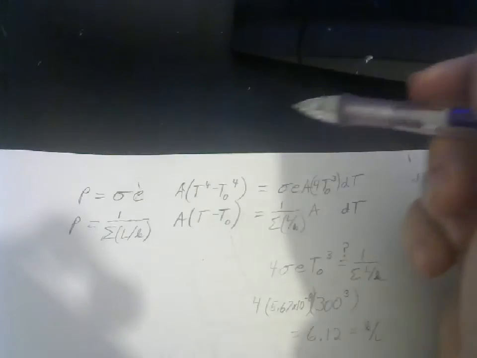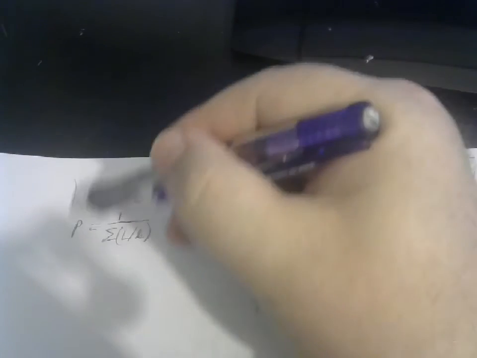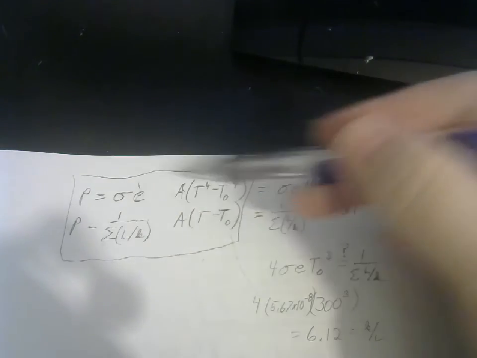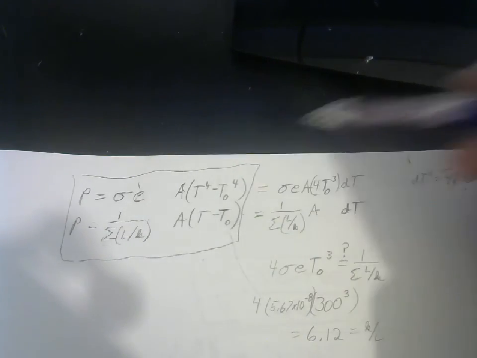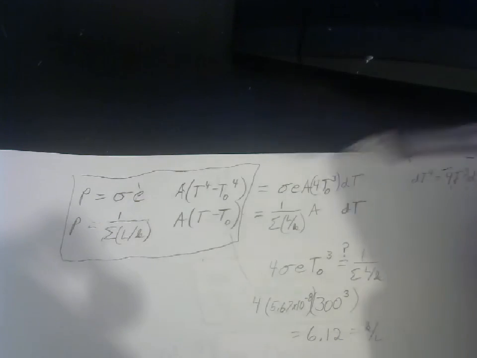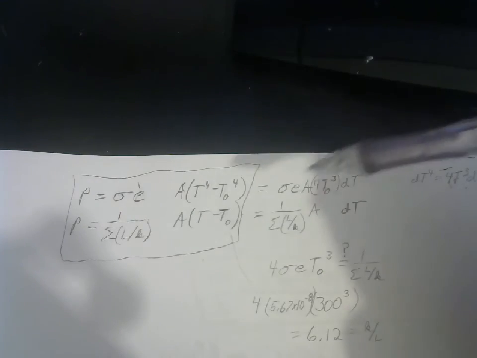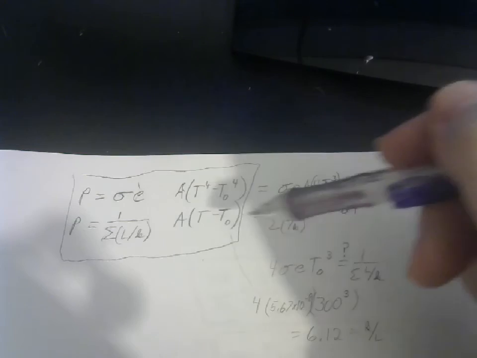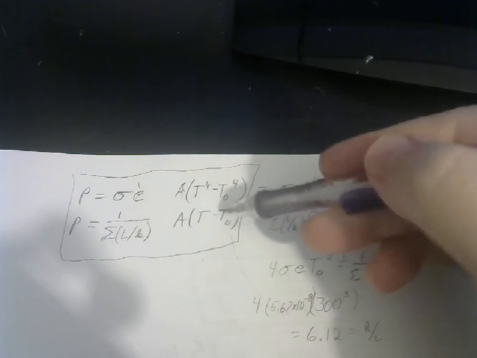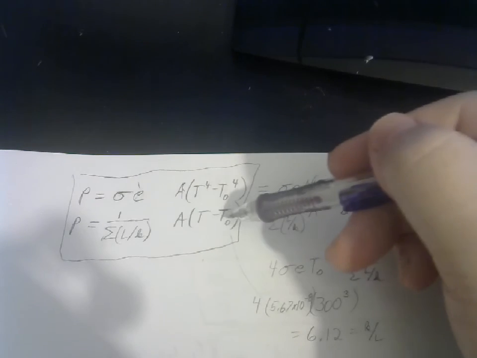Okay, basically, Stefan-Boltzmann's law is the first equation here. P equals sigma E A T to the 4th minus T sub naught to the 4th. And the insulation and conduction law comes out to this, which I will describe in the next video, where we have a linear T minus T sub naught.